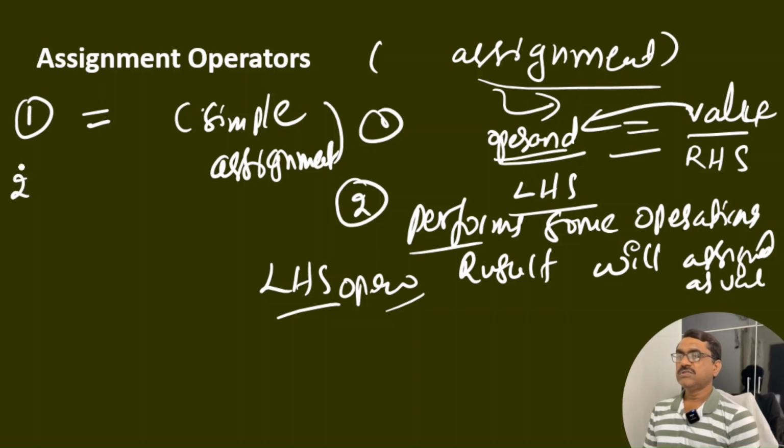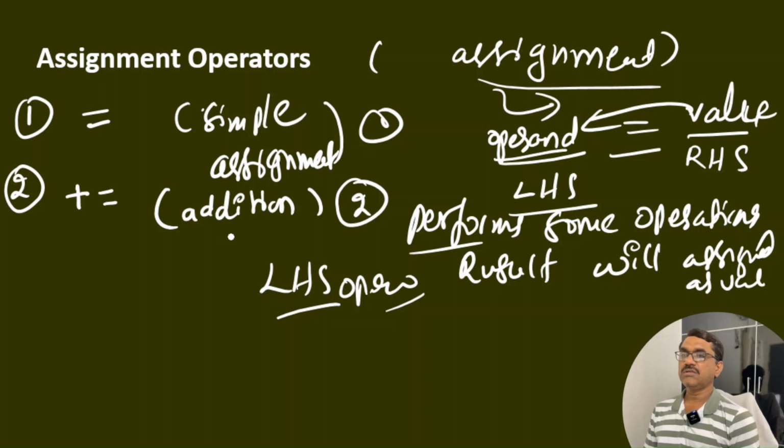Now, second one we are going to talk about plus is equals to. What does it mean by this? The second assignment operator describes that first it is going to perform the addition, right? After performing the operation addition, the result will be assigned. That means addition and assignment.